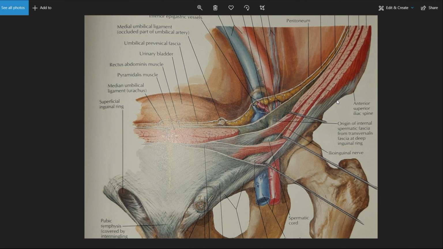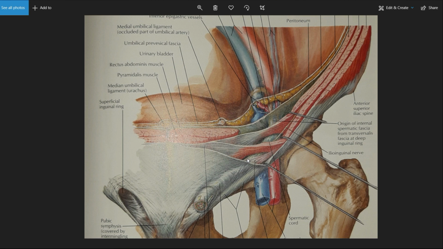We'll talk about it later. It's coming anteriorly in between these two muscles and entering the inguinal canal. It does not enter the inguinal canal through the deep inguinal ring, but it will exit through the superficial inguinal ring. So it enters in the midway section, and thus it is just a partial content of the inguinal canal, right?